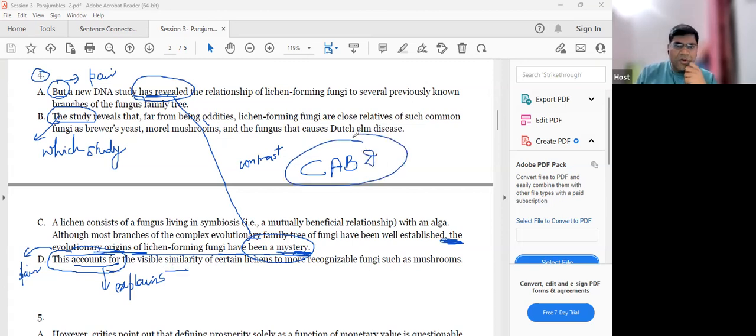CABD, everyone agrees or not? So this account is basically given in this statement. Yes or no? Everyone agrees with it?